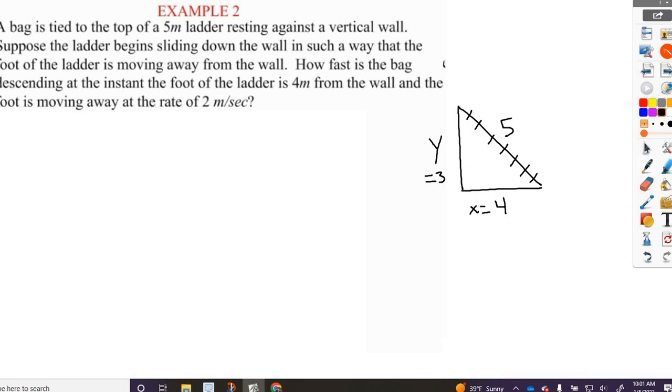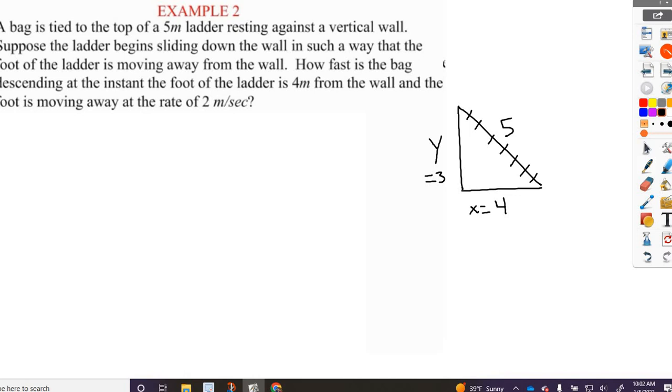Does that make sense? So is the rate of moving up the ladder top of the ladder? We're assuming because it's attached to the ladder, they're moving together. So what is it asking us to find? How fast the bag and the ladder are descending.